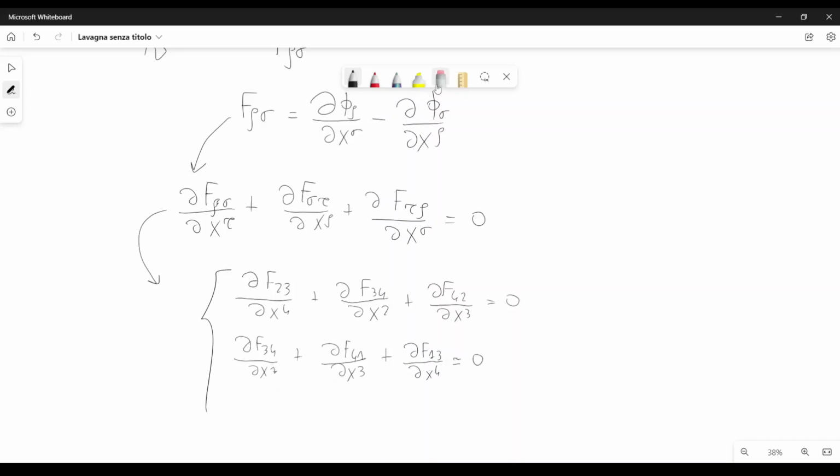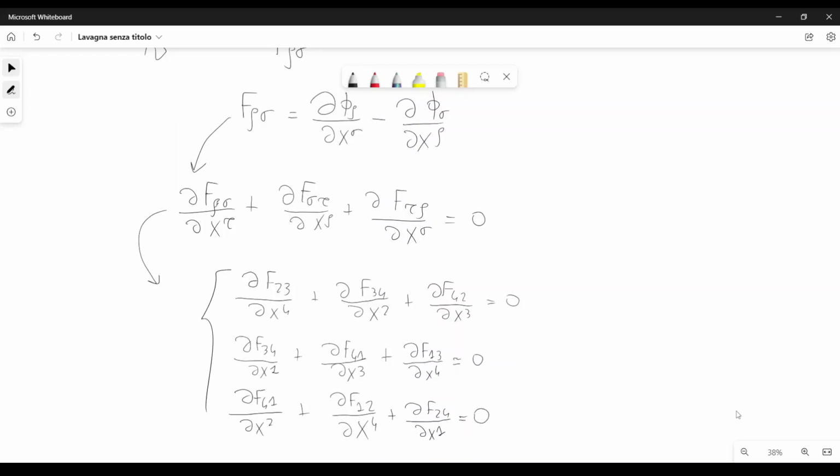Then we have another one. Let me also try to write more clearly that this is the index 1. The third equation is df41 with respect to x2 plus df12 with respect to x4 plus df24 with respect to x1 equal to 0.